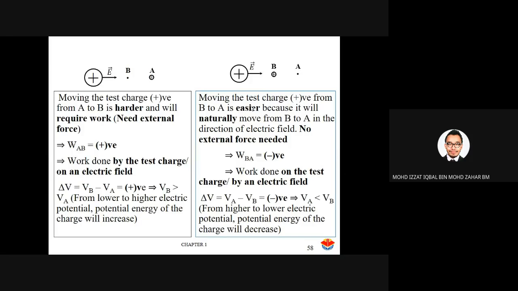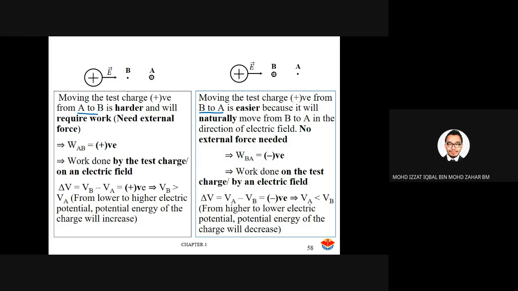Okay, and this one is again a positive charge with a positive charge. It just determines that this one moves from A to B, and this one moves from B to A. So they try to think by logic. I highlight this one.